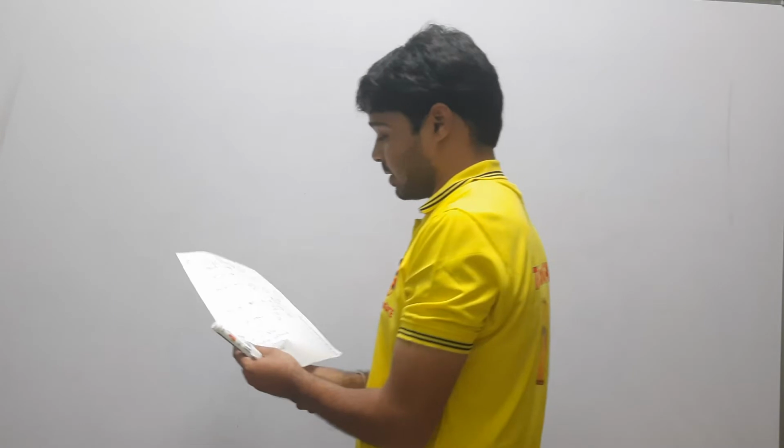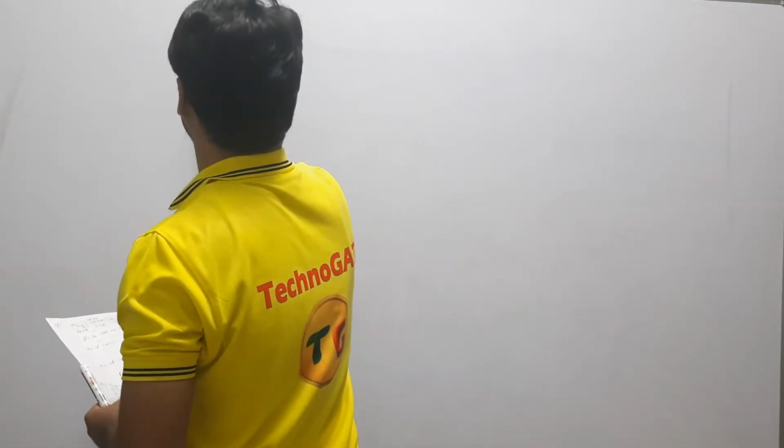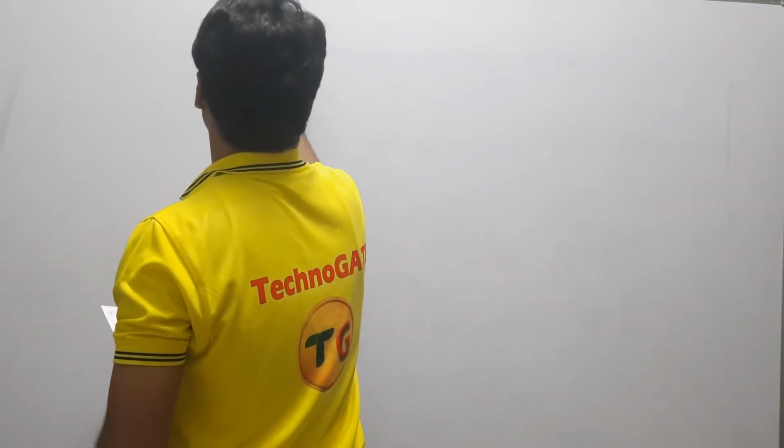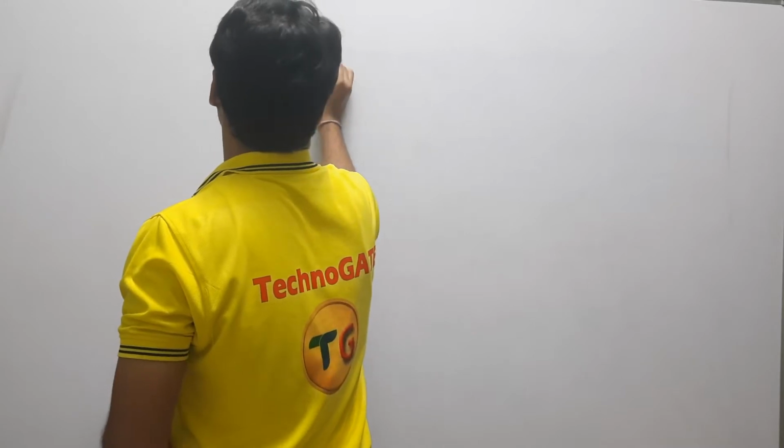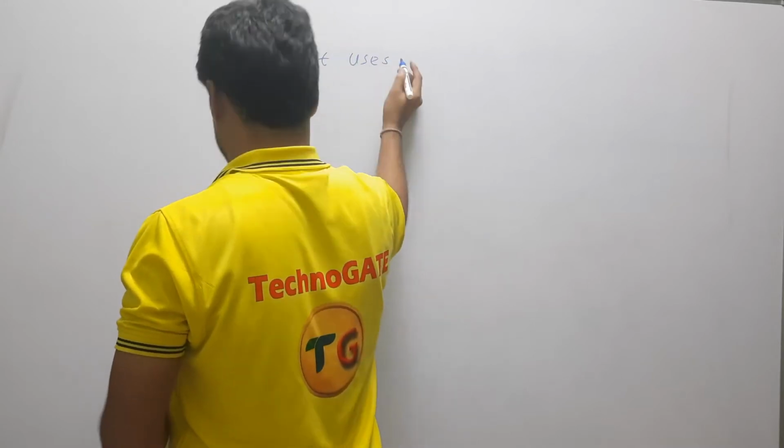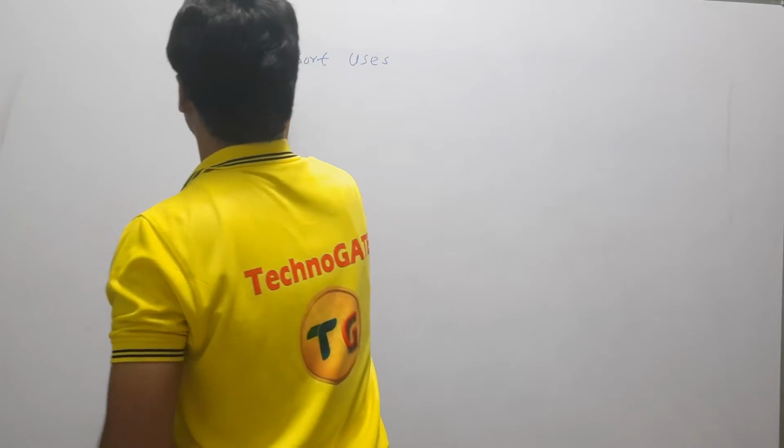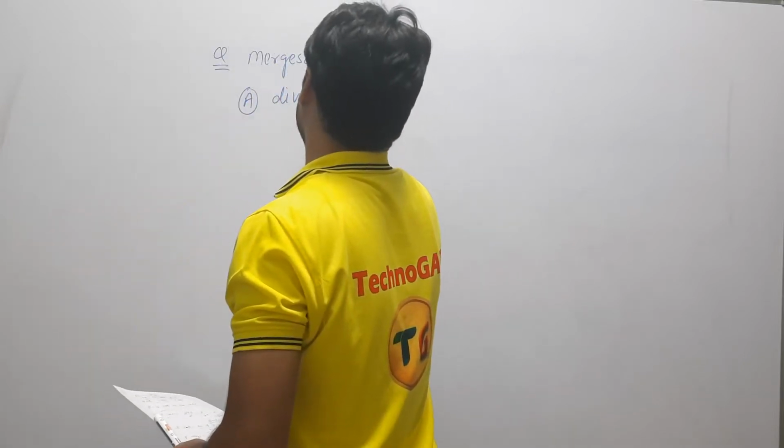Merge sort uses. So this is one of the GATE problems, 1 mark problem here. So merge sort usage. Okay. Option A, divide and conquer.